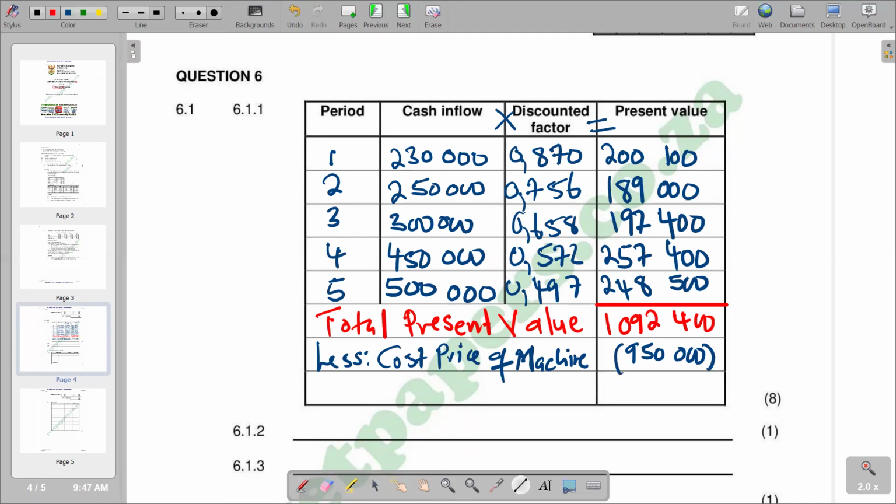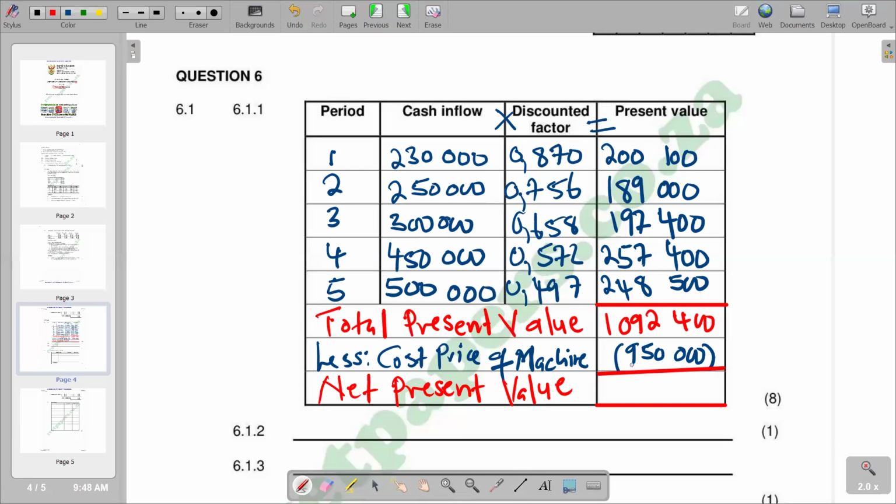So we are supposed to have our final answer, which is going to be our net present value. We have net present value by saying 1,092,400 minus 950,000.